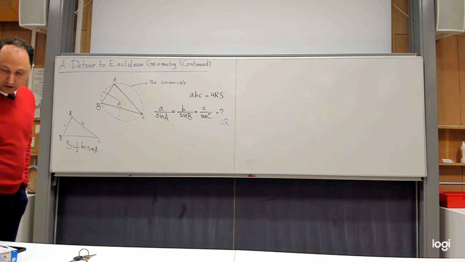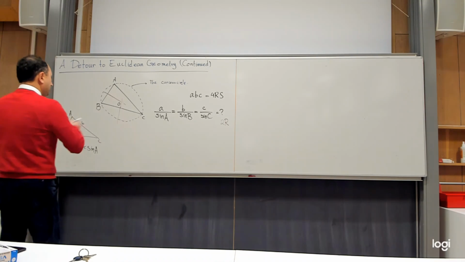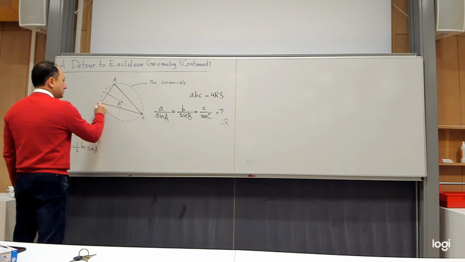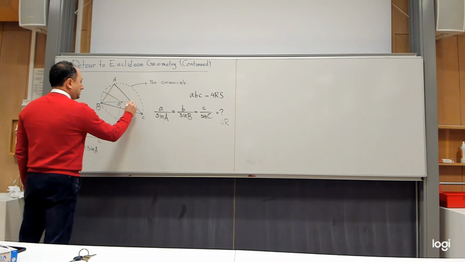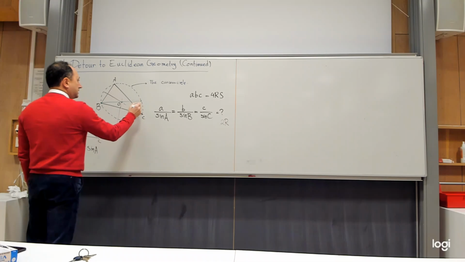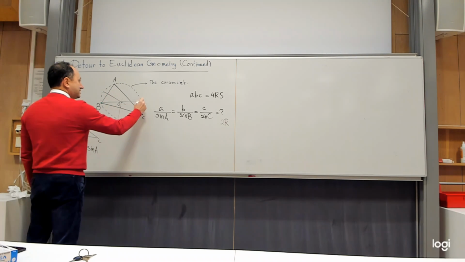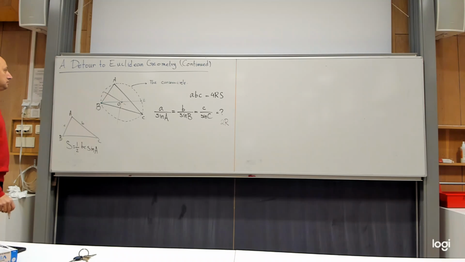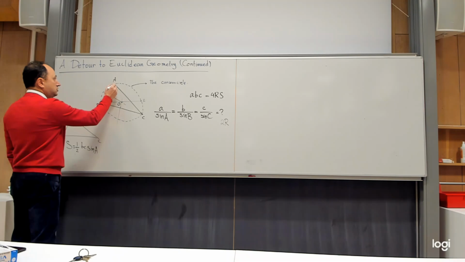For example, let me draw this line. Let me take this vertex and connect it to the center and continue it until it cuts the circumcircle at some point, let us say E. Okay? And then connect this E to A, for example.